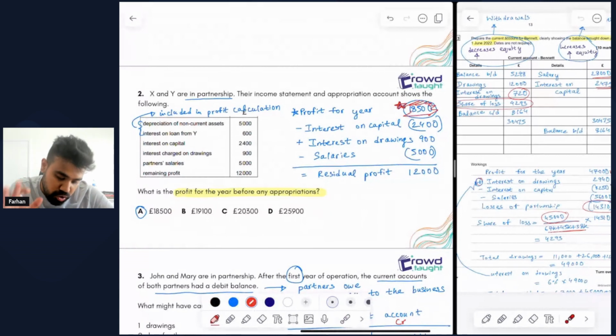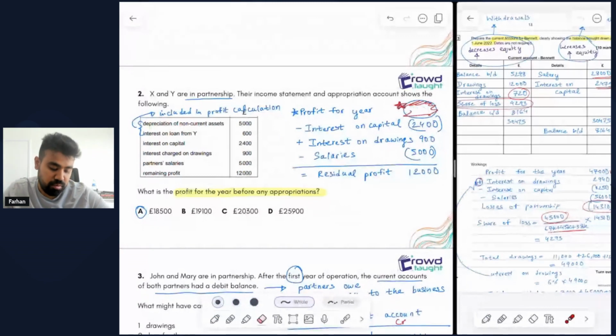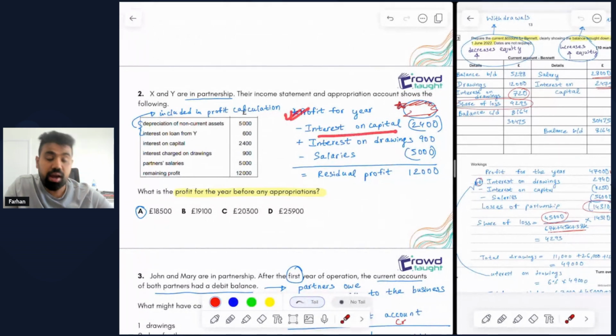Okay, so to begin the question, let's assume that we do not have this amount given to us as we are calculating that. So if we were to prepare the appropriation account, we start with the profit for the year. Then we subtract interest and capital. Again, why are we subtracting interest and capital?